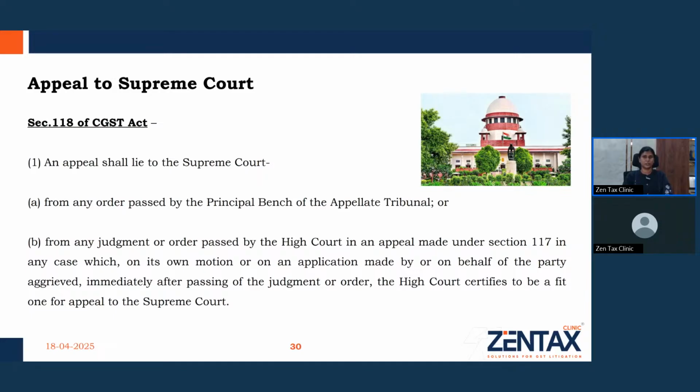So from this, it is clear that once the High Court certifies that this case is a fit one for appeal to Supreme Court, then in such scenarios, appeal can be made to Supreme Court.